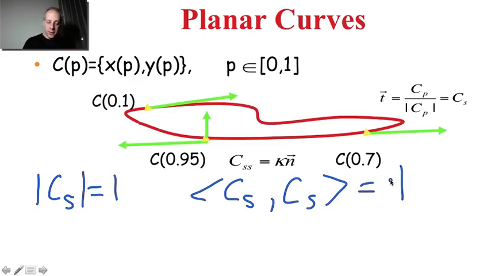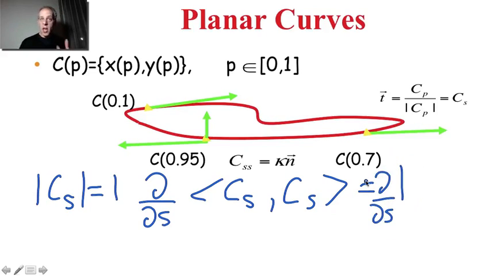Let's take a derivative of this. So I'm going to take a derivative according to s on both sides. The derivative of a constant, since it's always unit length, becomes 0.